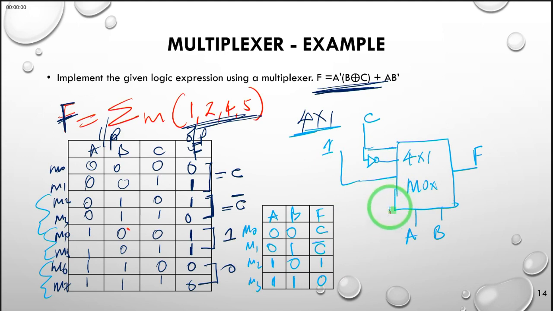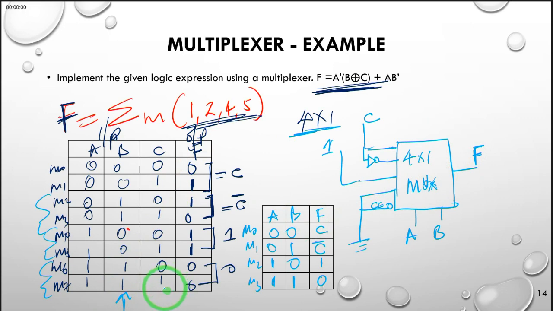And for minterm 3, the input is a 0 or ground. Ground is always symbolized as 0. And therefore, this is our chip enable pin.